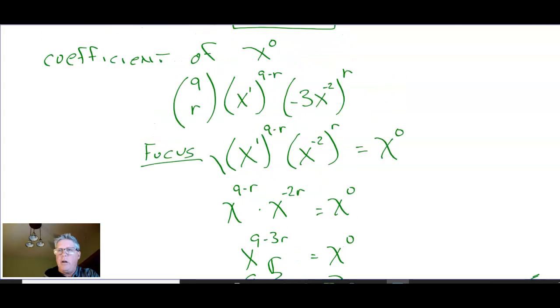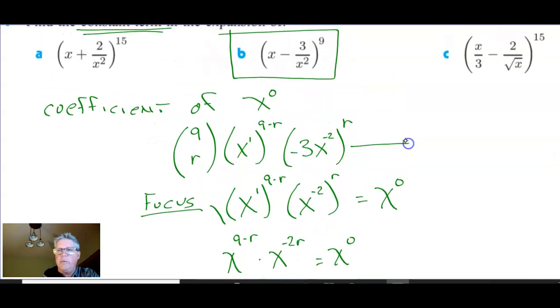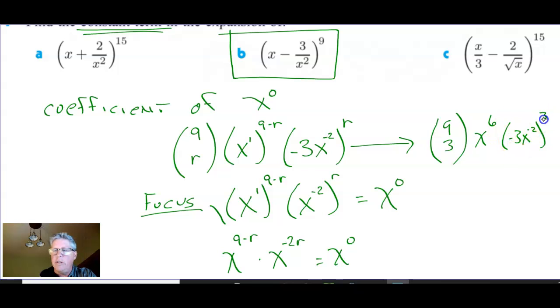So we plug in r equal to 3 into our general term. So that is going to be 9 choose 3. That's a number. It is going to be x to the 6th, and it's going to be negative 3 x to the negative 2 to the 3rd.